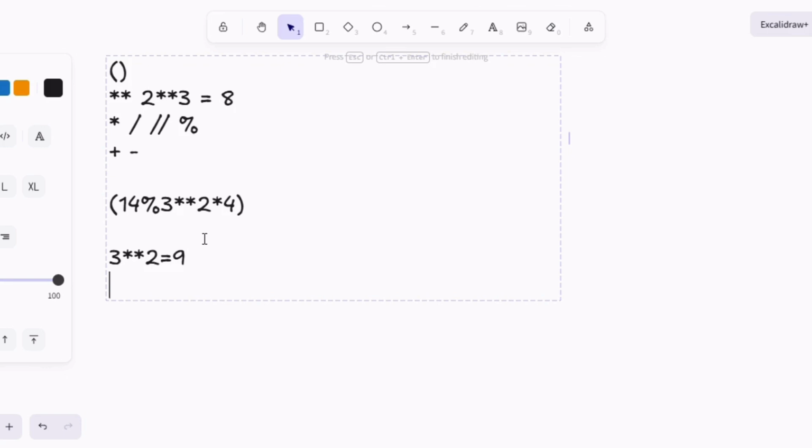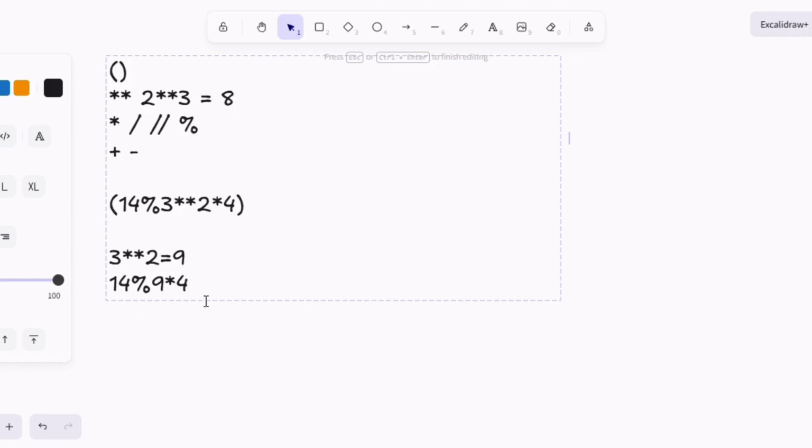Next, the expression we are left with is 14 modulus 9 multiply 4. So what are we going to solve next? Can you think of it? We see now that both of the operators we are left with have the same precedence, modulus and multiplication. They are in the same group.